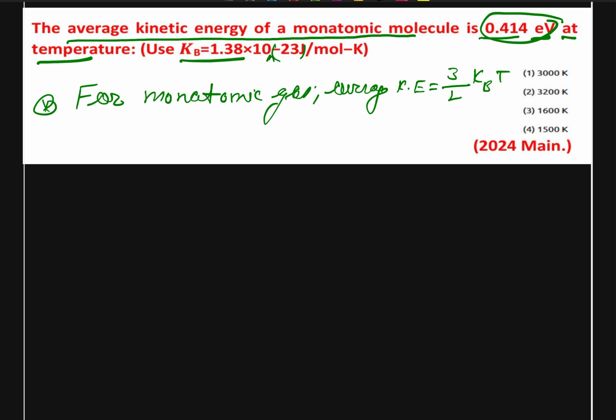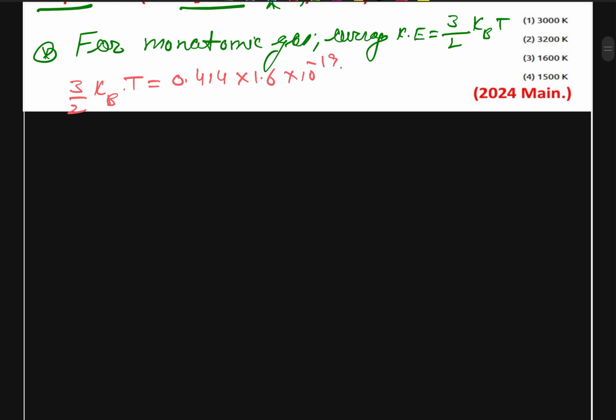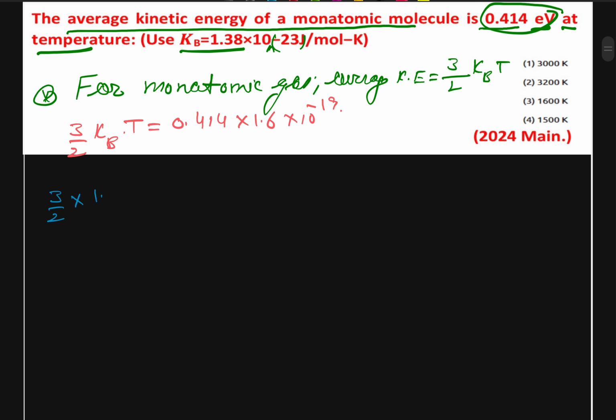So we get 3/2 k_B multiplied by T is equal to 0.414, and we multiply it by 1.6 into 10 to the power minus 19. And from here we substitute k_B, so this comes as 3/2 multiplied by 1.38 into 10 to the power minus 23 multiplied by T is equal to 0.414 into 1.6 into 10 to the power minus 19.